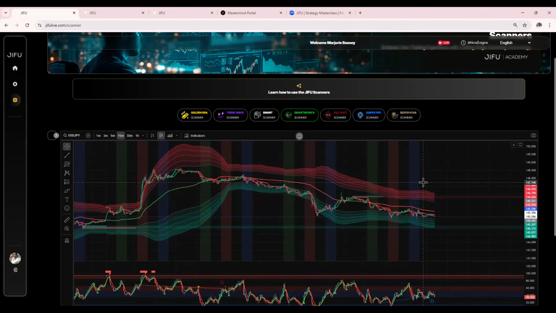Very, very important. Now, what the scanner does is that it identifies key demand and supply zones in the market. That's what it does. It identifies those zones in the market, and when you see that Smartmonics is showing a trade idea, it is simply because it has identified that the trade is at a key zone in the market.